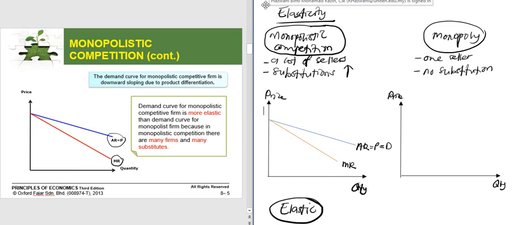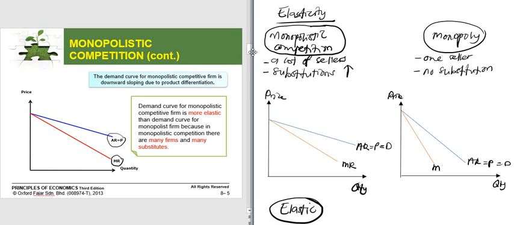So for monopoly, if you want to draw the average revenue or demand curve, the curve will be a bit steeper. Okay, steeper. So you will have another one for marginal revenue. That one. So label AR equals price equals demand.